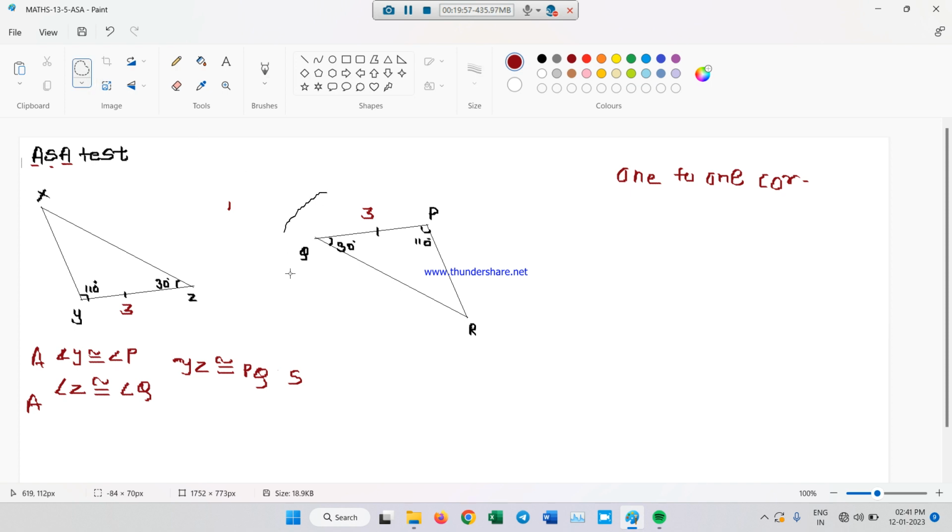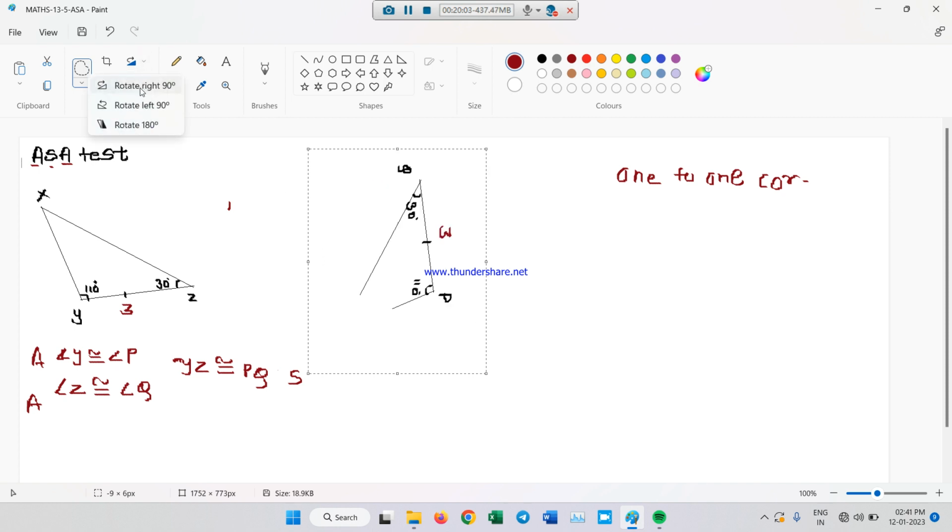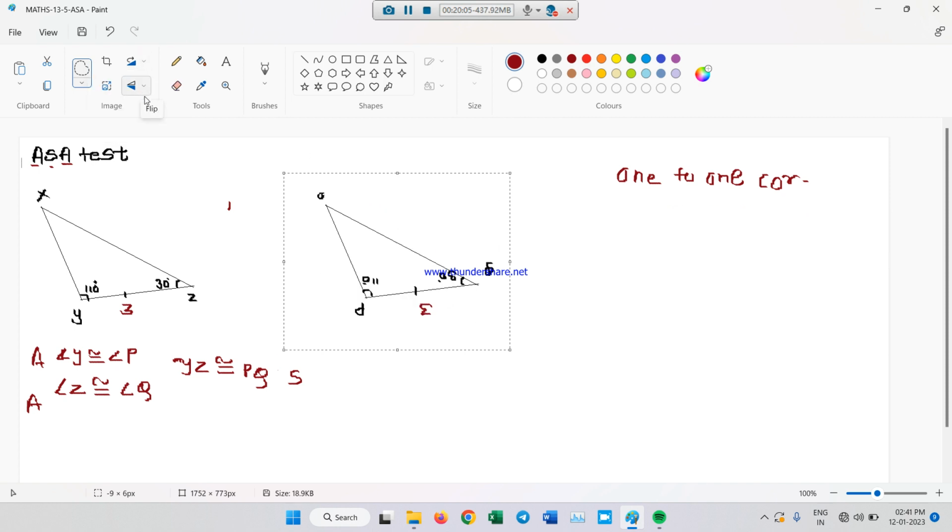This is the point R. Let's write the one-to-one correspondence. Point X corresponds to R, then point Y corresponds to point P, point Z corresponds to point Q. So this is the one-to-one correspondence.